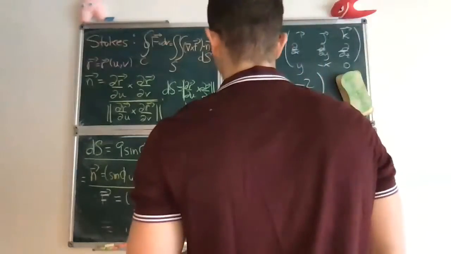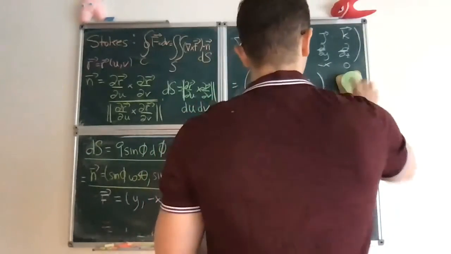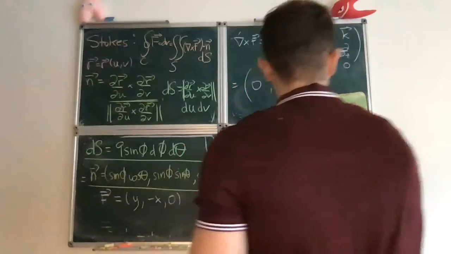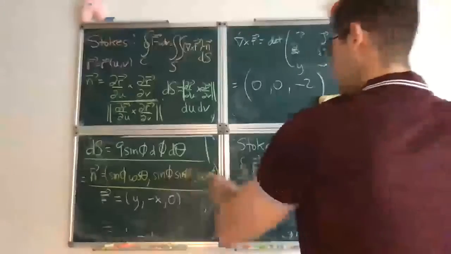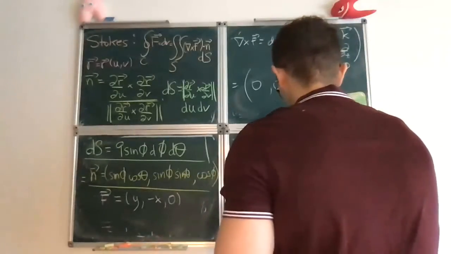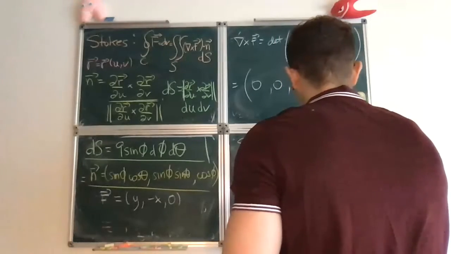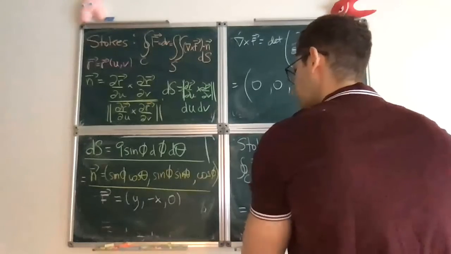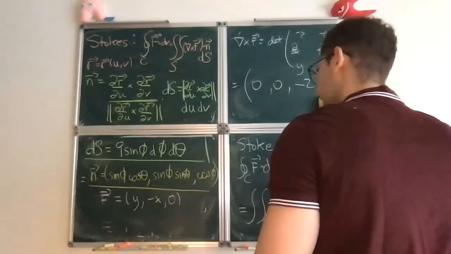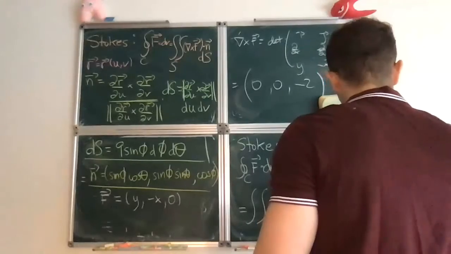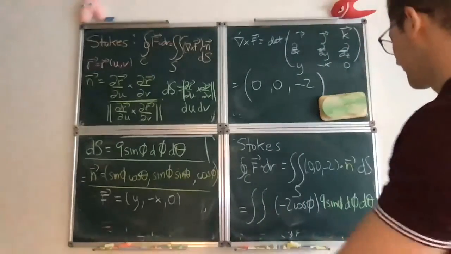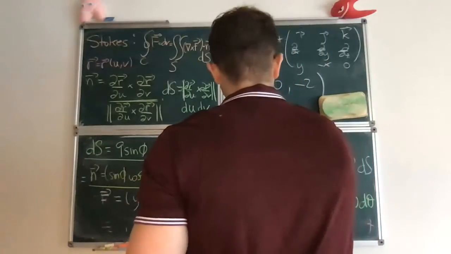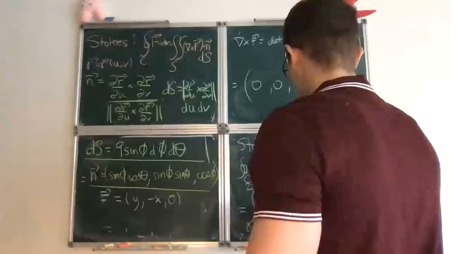So this gives us what? Again, this will be a double integral of minus 2 cosine of phi, that's the only thing that survives from that dot product. dS is 9 sine of phi d phi d theta. And then you have to figure out the bounds for the northern hemisphere. So theta can go from 0 to 2 pi, and phi goes from 0 to pi over 4 in this case.